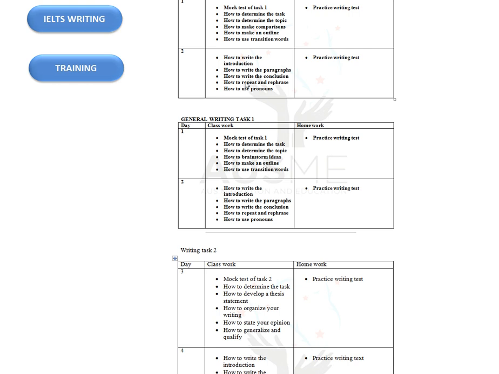So moving on to day 2. Again, then we go specifically for the paragraph. So we teach you how to write the introduction, how to write the body paragraph, and how to write the conclusion. And again, we'll have the same 2 that we had in the academic: how to repeat and rephrase, so rewriting, and how to use pronouns.